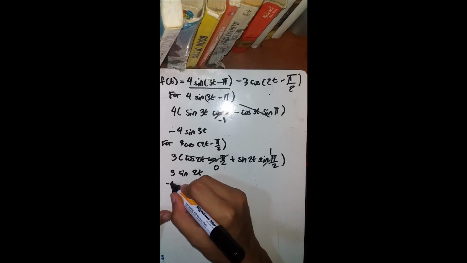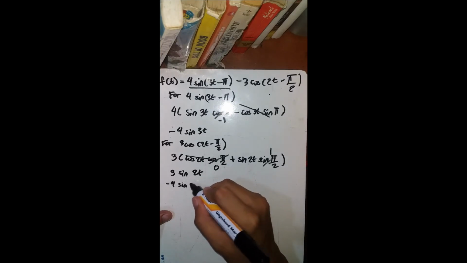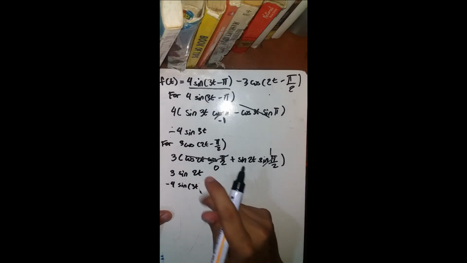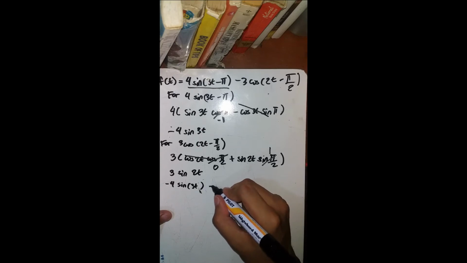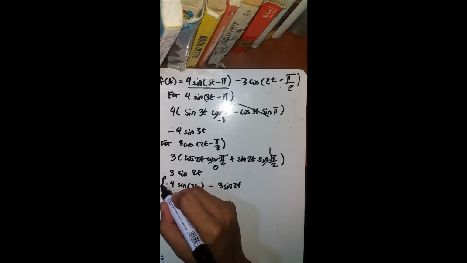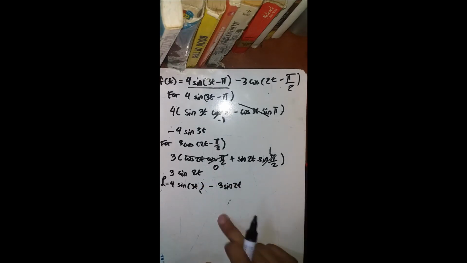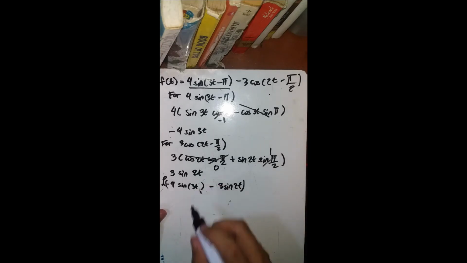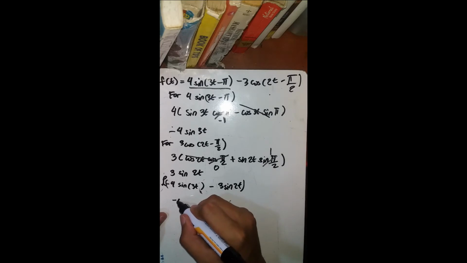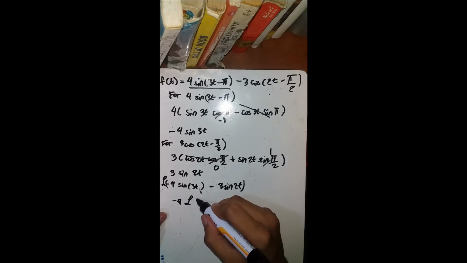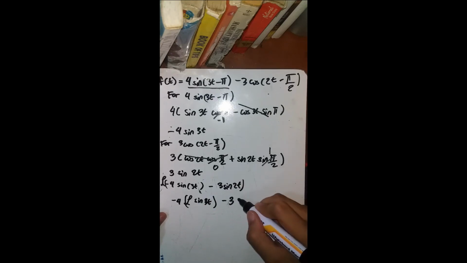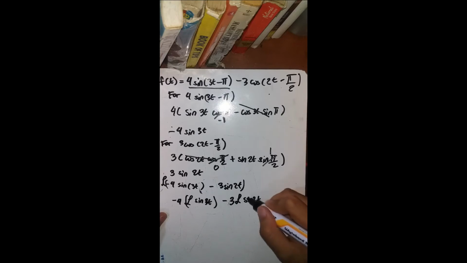Okay, now let's put it together. We have negative 4 sine of 3t minus 3 sine 2t, with the Laplace symbol. So we distribute the Laplace symbol: negative 4 Laplace of sine 3t minus 3 Laplace of sine 2t.